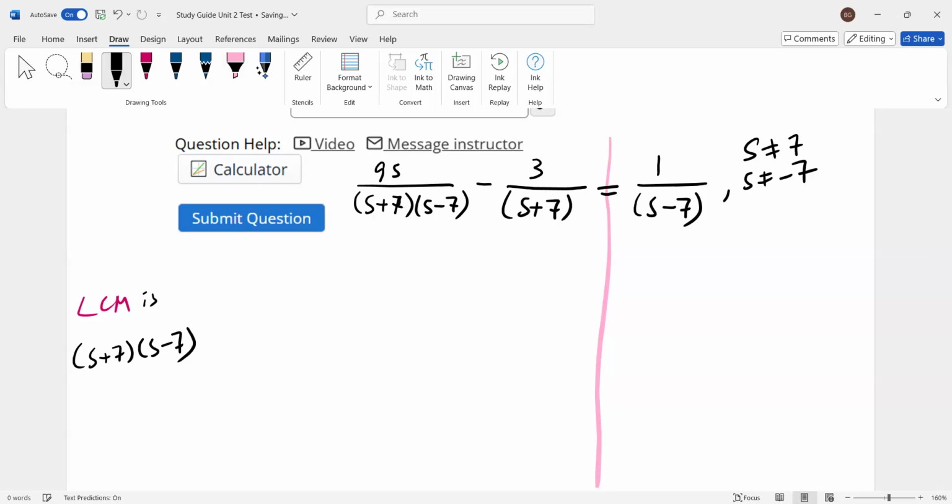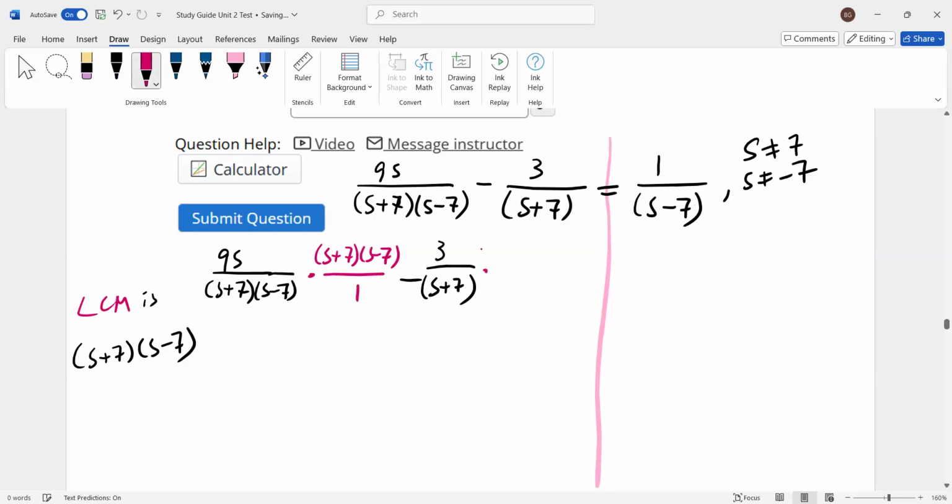I'm going to really leave enough space this time. 9s over s plus 7, s minus 7 times s plus 7, s minus 7 over 1, minus 3 over s plus 7 times s plus 7, s minus 7 over 1, equals the right side, 1 over s minus 7, multiplied by s plus 7, s minus 7 over 1.